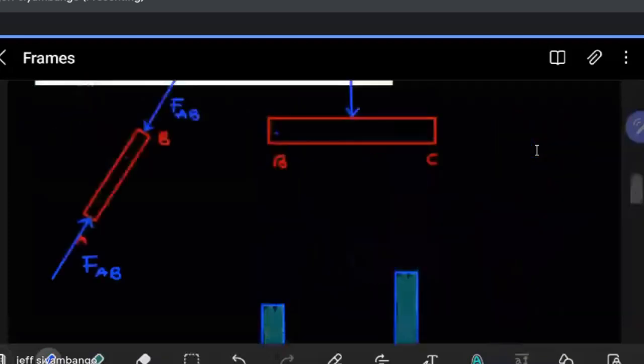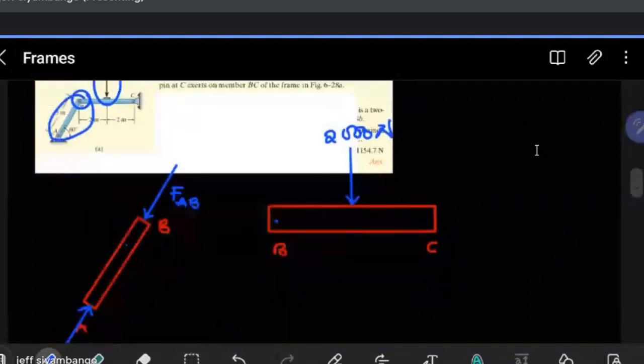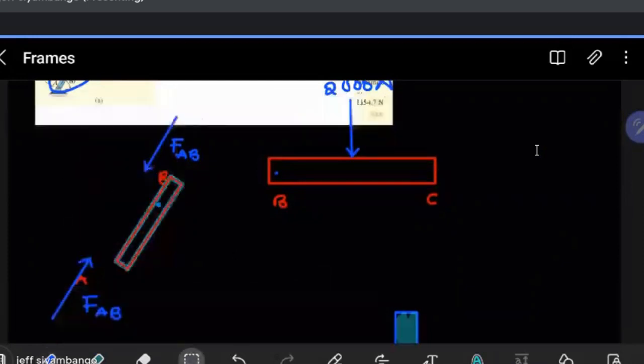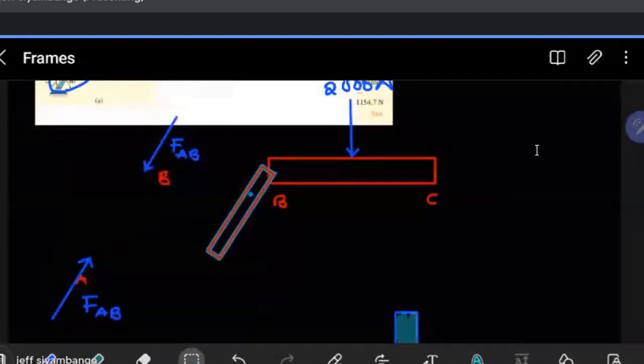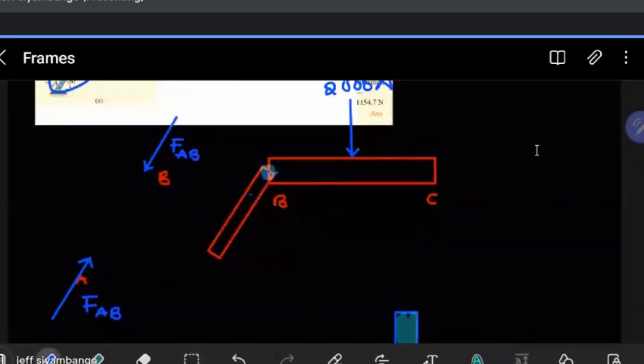What am I trying to imply? In this case, you have this member AB connected to this member BC. Since I've decided to work with the two member force here, I've labeled it FAB, and that is FAB there. This will be attached to somewhere there. And at the pin here, this is where we'll have this force AB acting downwards like that. What it implies is that the member BC will experience the same force, but just in the opposite direction.